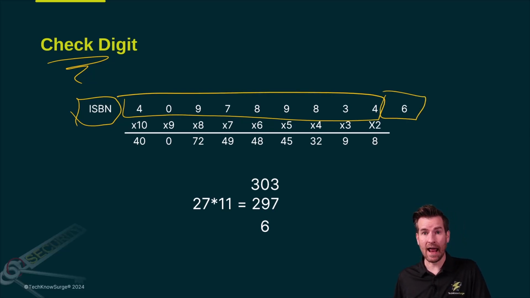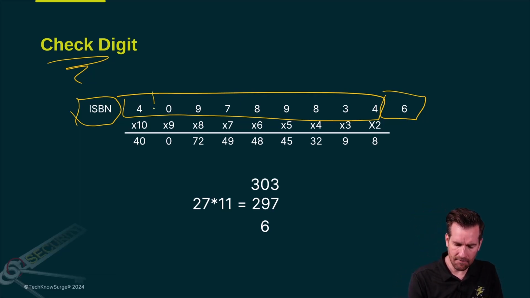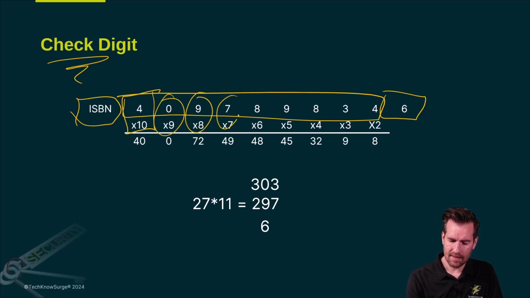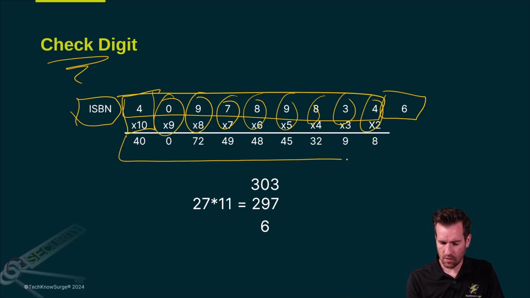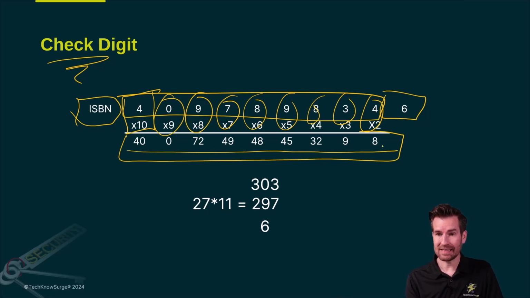So let's take a look at how to actually calculate that. You take the first digit and multiply it by 10, the second one by 9, the third one by 8, the next one by 7, 6, 5, 4, 3, and 2. You add all of these up together, which adds up to 303.